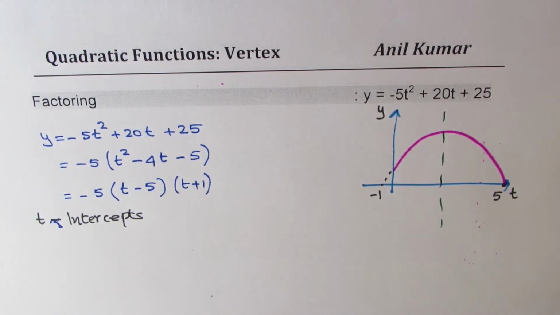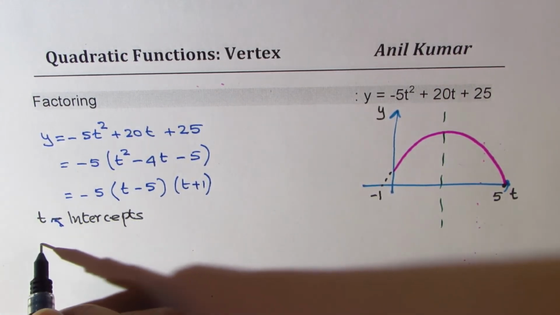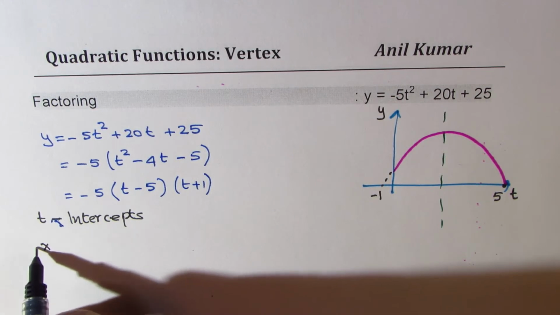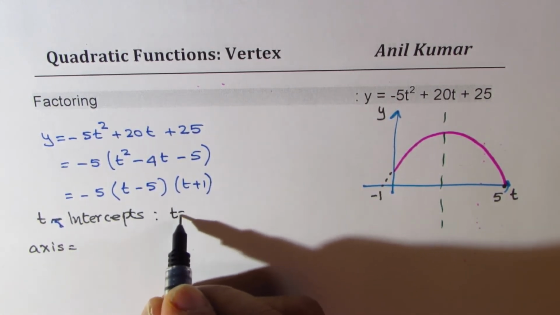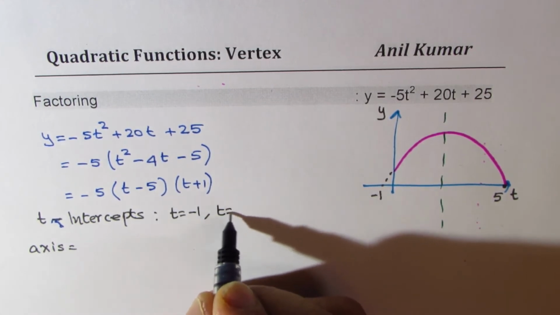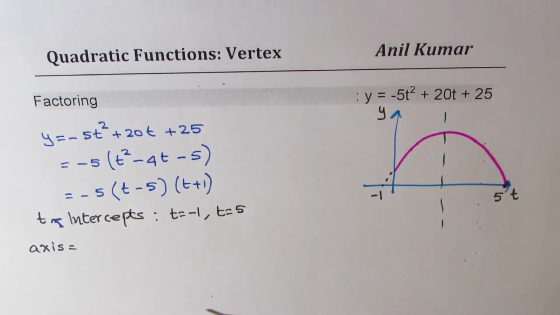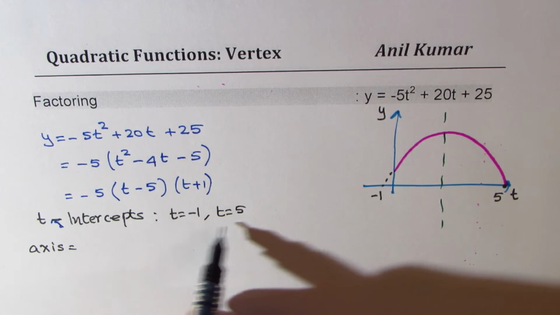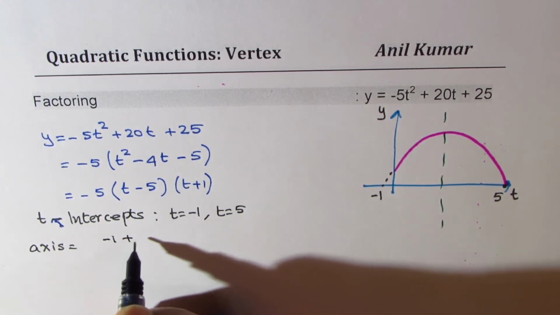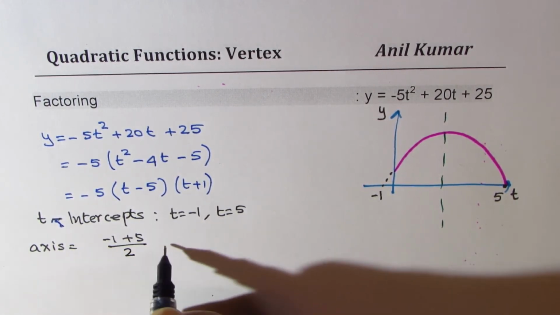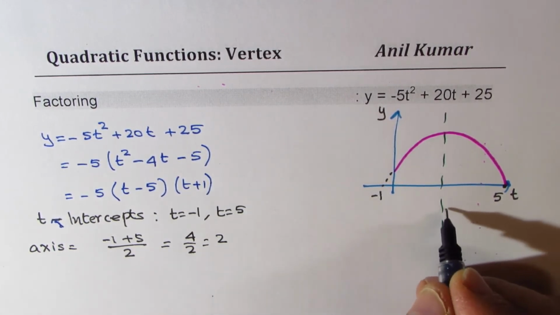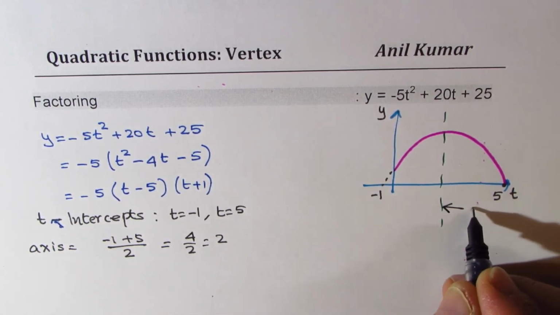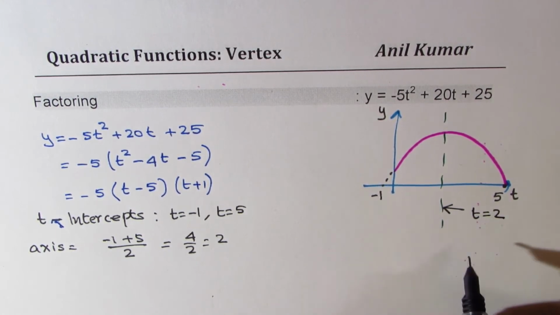So now we get the axis. The t-intercepts are at t equals minus 1 and t equals 5, clearly as shown here. So the axis is the average value, which is minus 1 plus 5 divided by 2, or we can say 4 divided by 2, which is 2. So this equation is t equals 2.